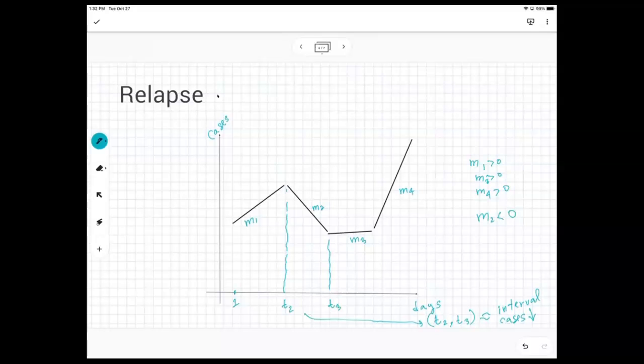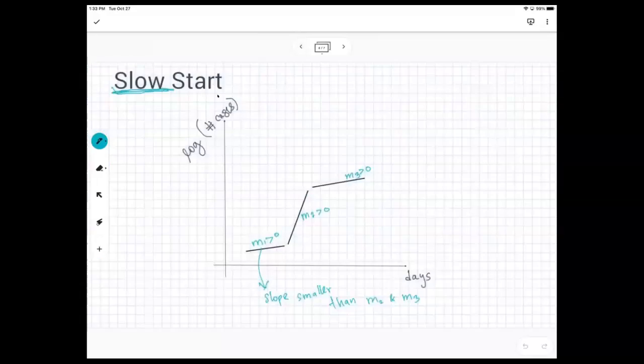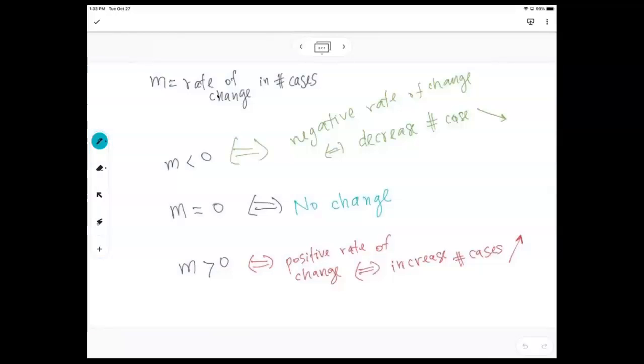As depicted here, M3 should really be almost 0. It is not exactly the same, but it is similar to that scenario of having little to no change. Having a rate of change that is almost 0 would also be another good thing to see.